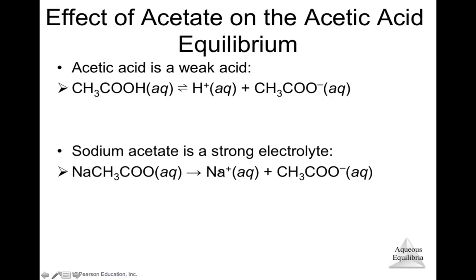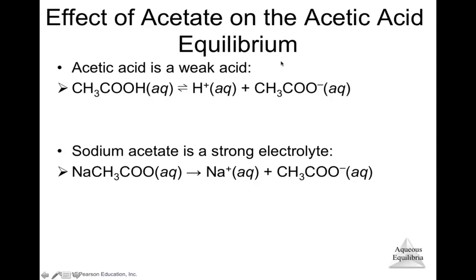Okay, so this is the equilibrium of acetic acid, will produce a proton plus the ion of acetate. If we add to that equilibrium a solution of sodium acetate, which is a strong electrolyte, the sodium acetate is soluble in water, so it will be dissociated to sodium and acetate. So if you add sodium acetate to this equilibrium, you will be adding also the ion of acetate.